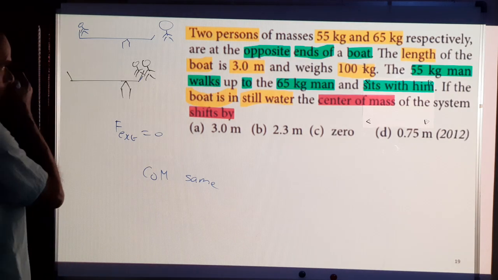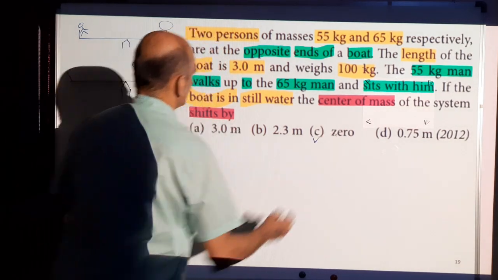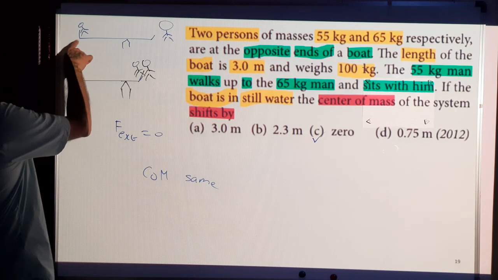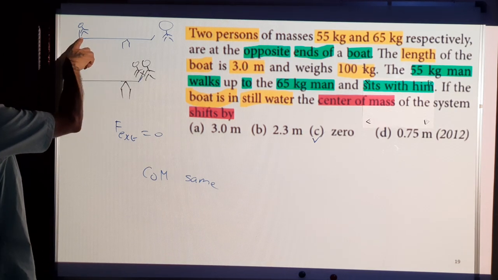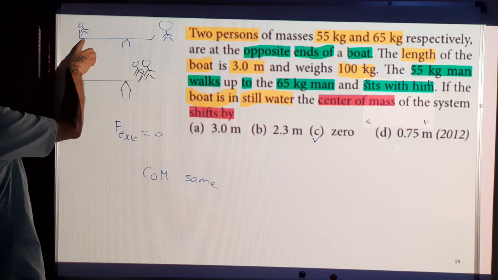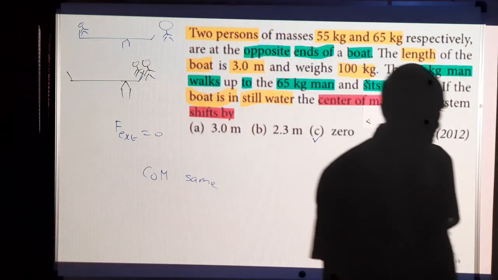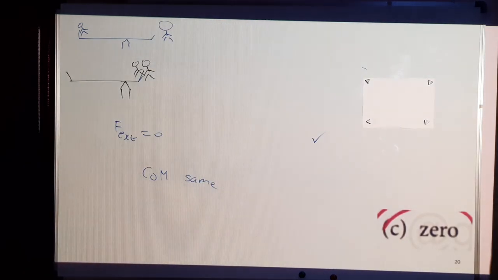But the center of mass will not move because there is no external force acting on the system. For the center of mass to move, there has to be an external force acting on the system. Here there is no external force, only the force between this man and this board, which is the friction force or normal reaction, but that is an internal force. So 0 is the correct answer.